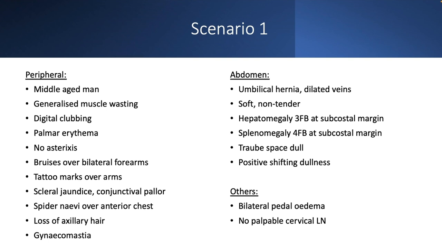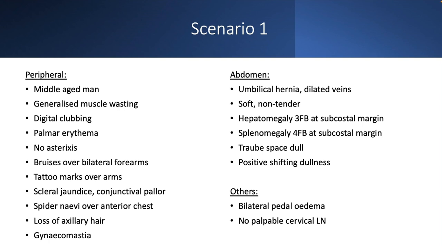So how do you investigate this patient? For investigation, firstly, I would like to start with a full blood count to look for any anemia or thrombocytopenia, and then liver function tests, the patient's albumin level, any raised transaminases, and a coag profile to look for any derangement.